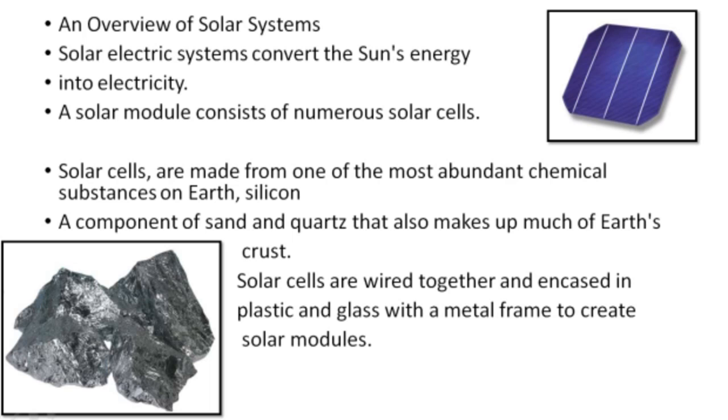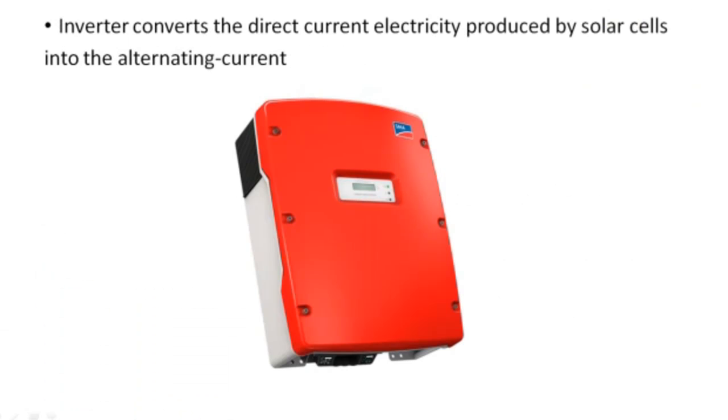Electricity generated by a PV array flows via wires to yet another component of the system, that is the inverter. The inverter converts the direct current electricity produced by the solar cells into the alternating current AC electricity commonly used in US homes and businesses.